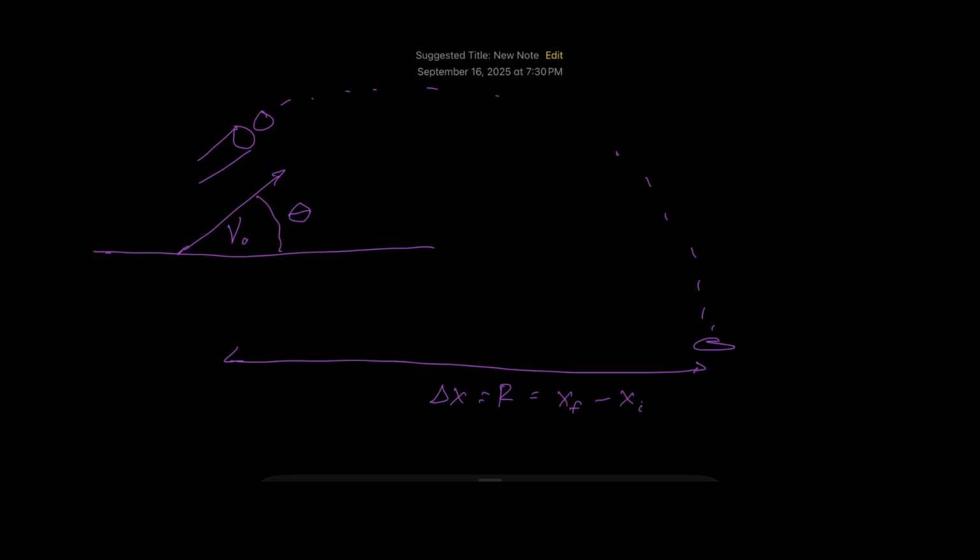That's what this delta x is, okay? And then we have the same thing here somewhere. You have this delta y, which is the same thing as our y final minus y initial, okay? So that's what the change in anything is. Change in speed, change in time, change in position, it's all the same thing.